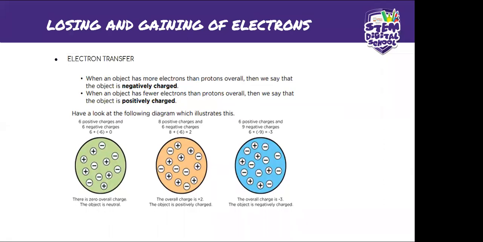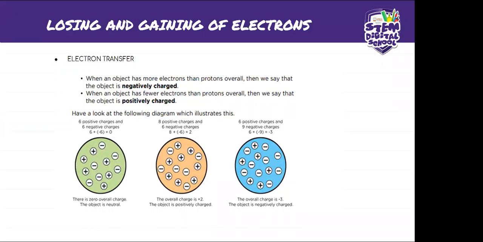In simple terms, a negatively charged object is an object that has more electrons than protons, or we can say it is electron sufficient and proton deficient. When an object has fewer electrons than protons overall, we say the object is positively charged. In another way, a positively charged object is an object that has more protons than electrons.